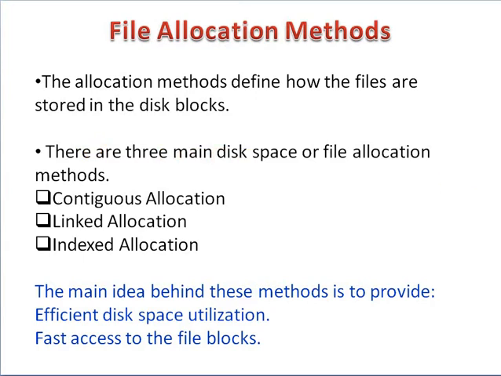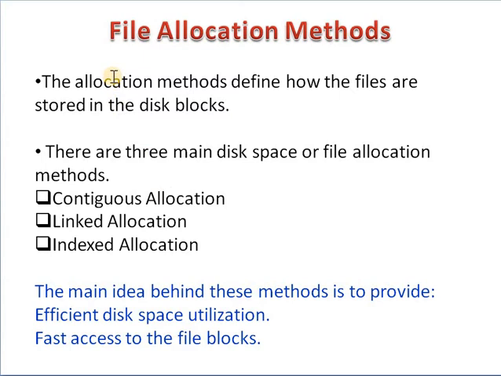There are three main file allocation methods that are used to allocate a file into a disk. First one is the contiguous allocation, second one is the linked allocation and third one is the indexed allocation.